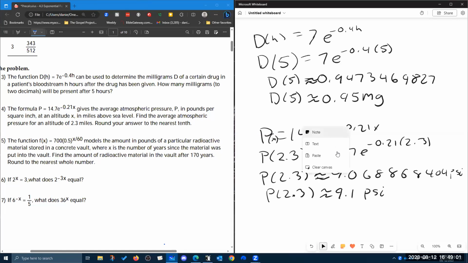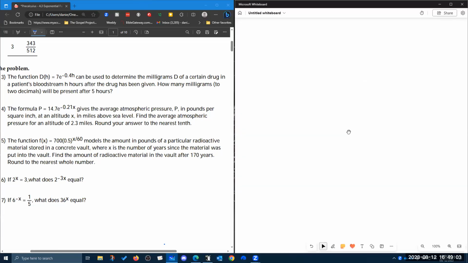Let's try number 5. The function f of x equals 700 times 0.5, that's the same thing as 1/2, to the 2x over 60. This is probably a half-life problem. Yep, it is.